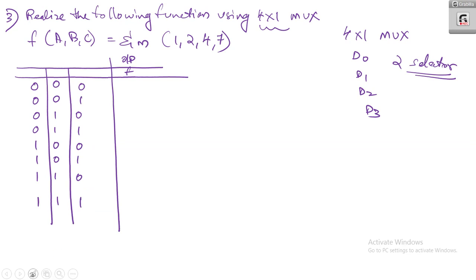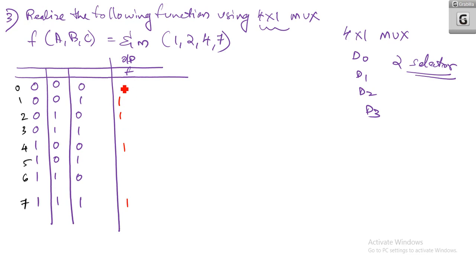If you are taking the decimal equivalent here, you will get 0, 1, 2, 3, 4, 5, 6 and 7. Now what are the corresponding outputs? Okay. For 1 it is 1. For 2 it is 1. For 4 it is 1. And for 7 it is 1.